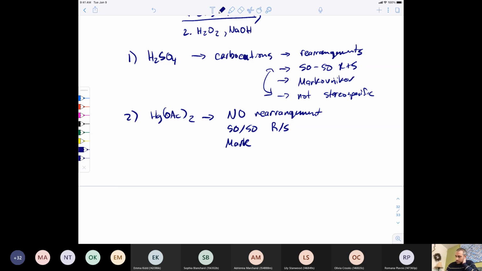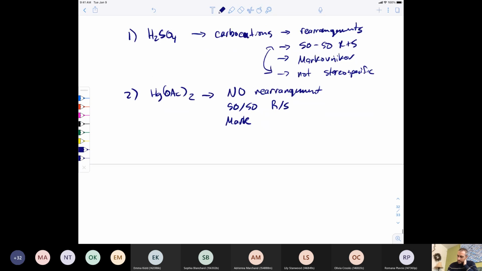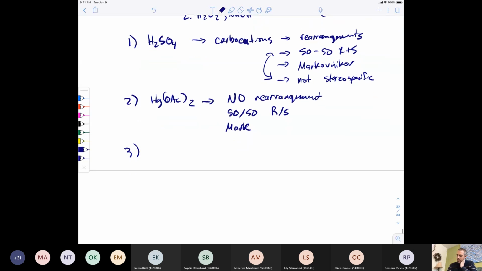So the only difference between these 2 is the first one gives rearrangements and the second one does not. And the third option is the hydroboration oxidation, which is BH3 THF, or sometimes you see B2H6 in diglyme. As far as you're concerned, these are equivalent conditions. The hydroboration oxidation also gives no rearrangements.